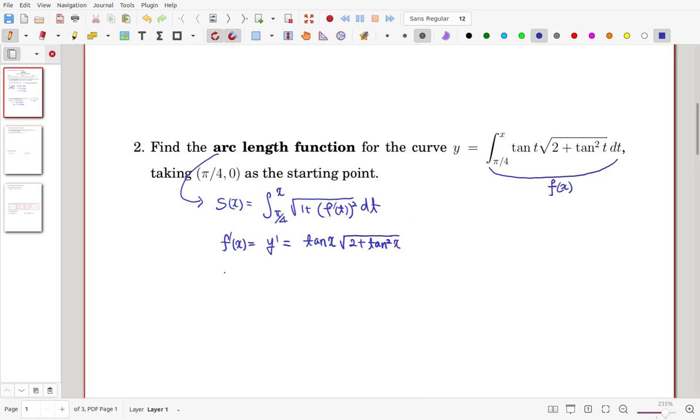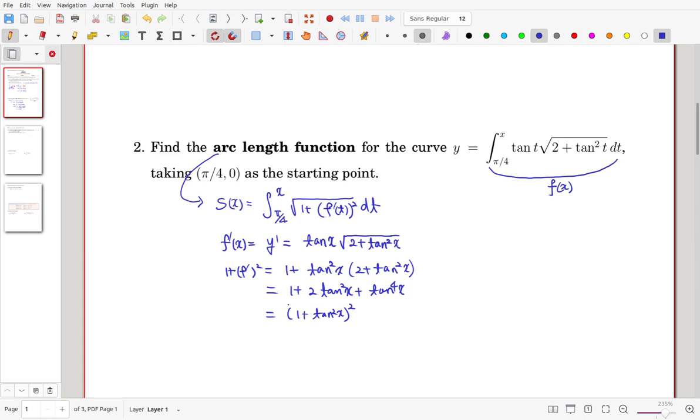So 1 plus f prime squared is the same as 1 plus tangent squared x times 2 plus tangent squared x. That is the same as 1 plus 2 tangent squared x plus tangent to the fourth power of x, which is the same as 1 plus tangent squared x, all squared.